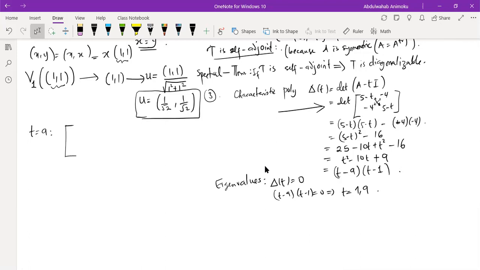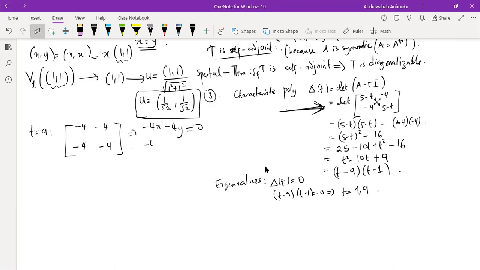When t is equal to 9, we substitute into this matrix again. Then 5 minus 9 will be minus 4. Then we have minus 4 here, then minus 4 here, then 5 minus 9 again, minus 4. So basically, this would give us minus 4x minus 4y equal to 0.